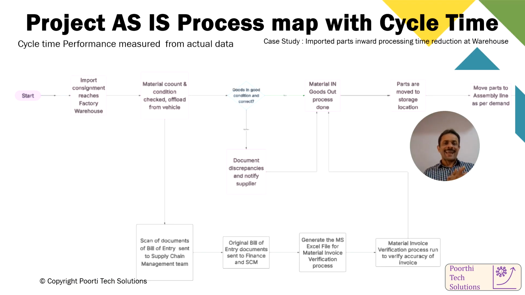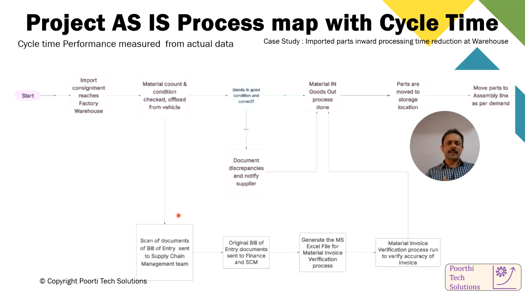The team also mapped the as-is process map with the cycle times. What you see here, the top part is the actual material flow, where the part moves after receiving through the material processing steps, and the bottom part talks about the paperwork done by the supporting departments, where they check the correctness of the documents, and the regulatory compliance part is done in the bottom part.